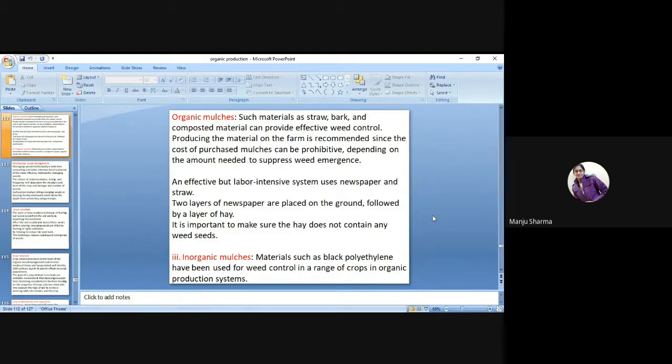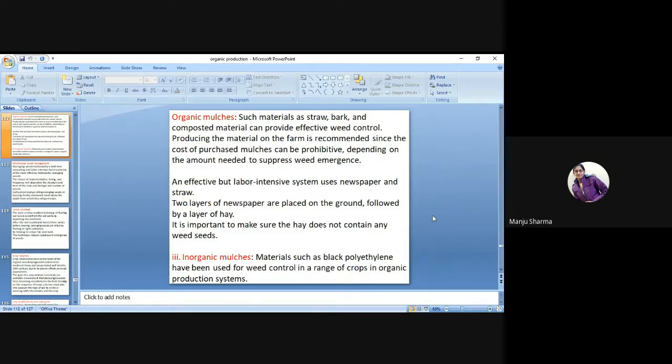Then, an effective but labor-intensive system uses newspaper and straw. Two layers of newspaper are placed on the ground, followed by a layer of hay, and it is important to make sure the hay does not contain any weed seed.